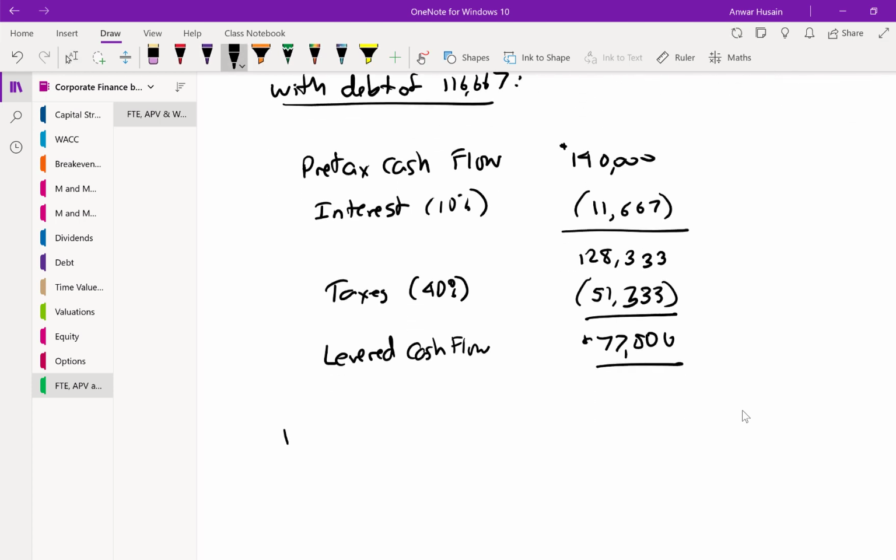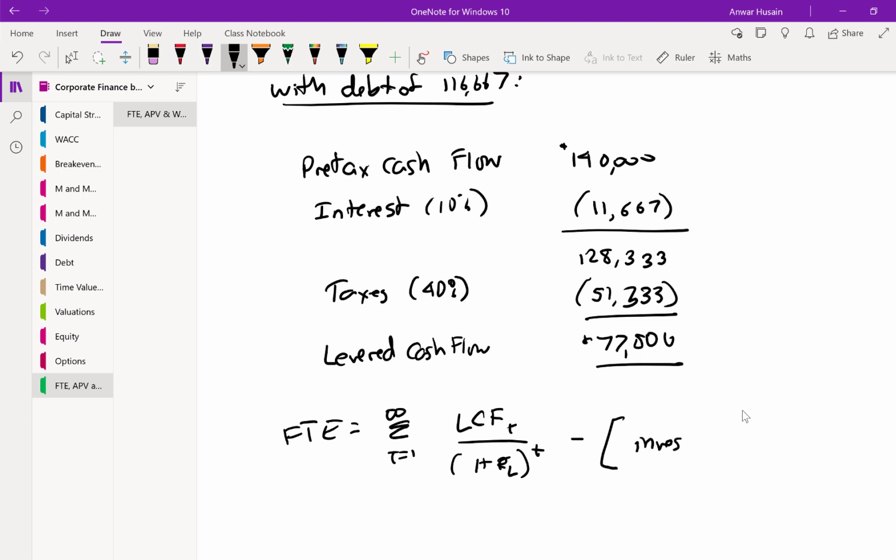So now we're going to use that formula that we had, that FTE is equal to the sum of all of the levered cash flows divided by 1 plus RL to the power of t, minus the net investment amount.